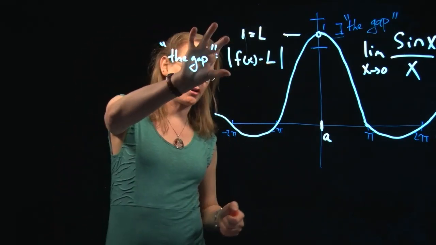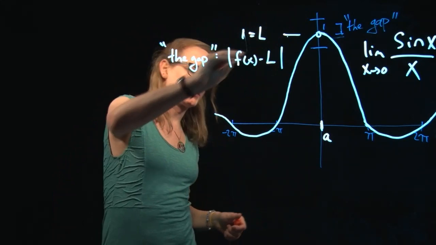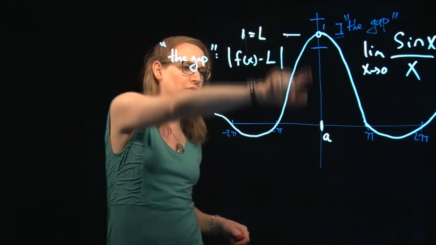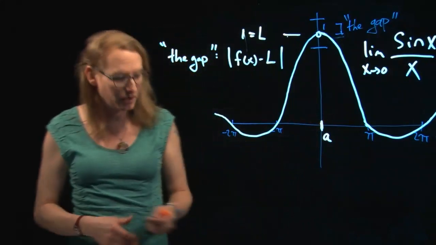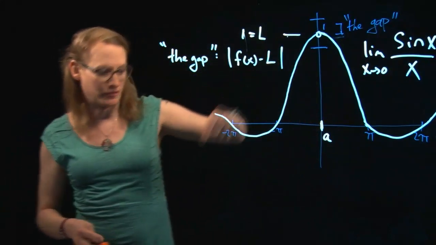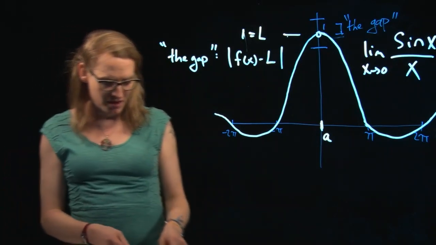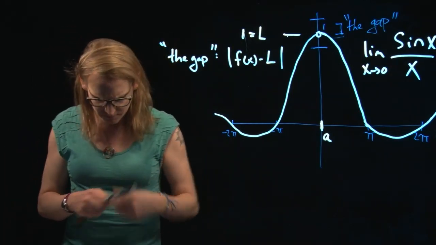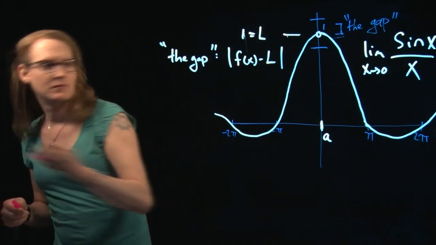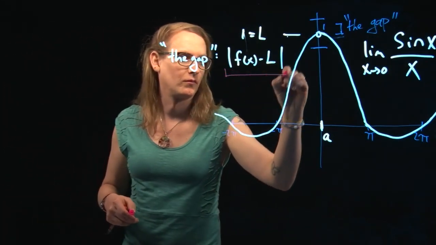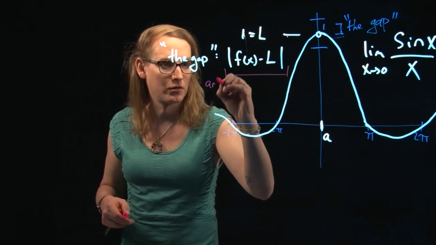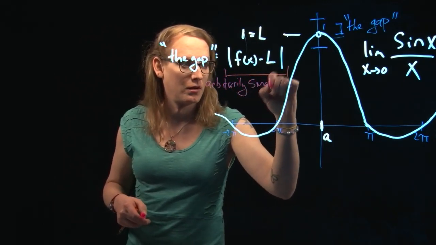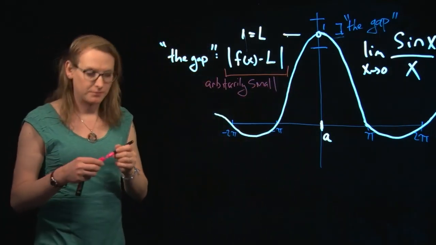This distance should be able to be set to some small distance by any random person you ask. They give you some small number, and we have to find a window down here that maps through the function. We want it to be arbitrarily small.